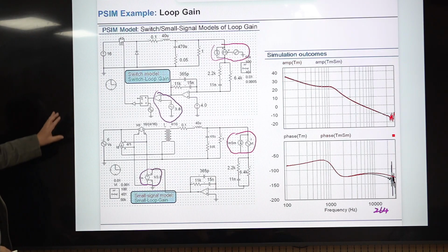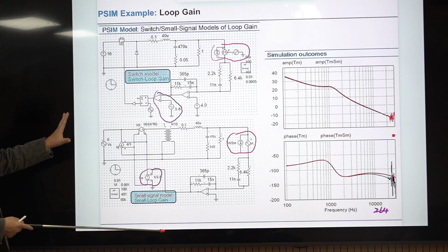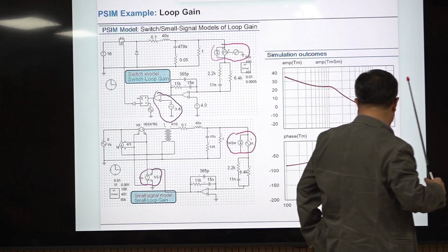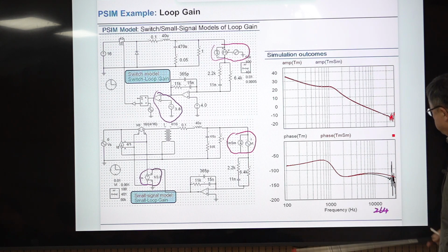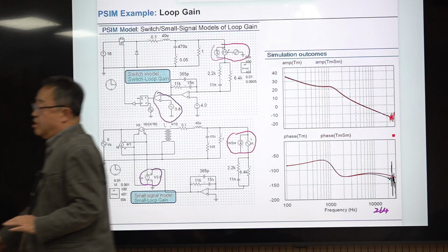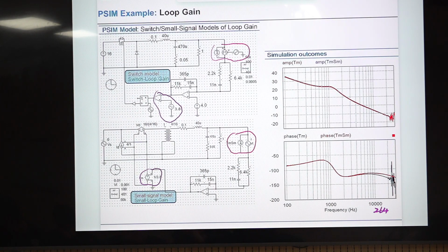This is the computational method, so it has some error here. Something is wrong. This color is wrong. This should be the computational one, because some additional phase delay is coming up at high frequencies.